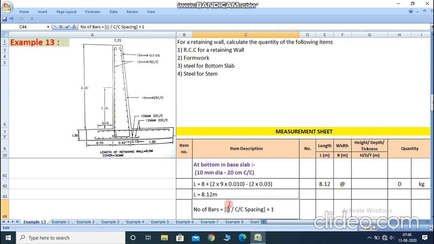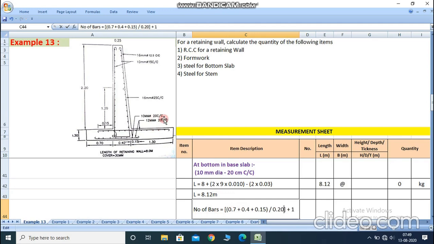First we calculate the length. We take 0.7, 0.4 and 0.15 from here, meaning we take this part as the bottom for the number of bars. So 0.7 plus 0.4 plus 0.15 divided by the center to center spacing of the bar, which is already given in the figure as 20 centimeter.